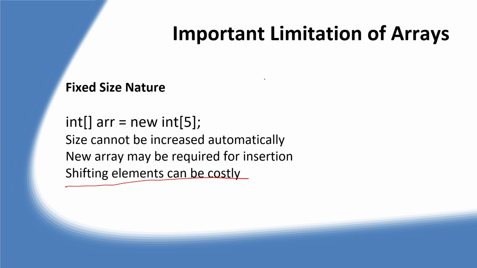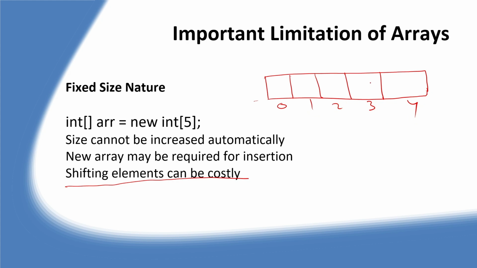So let's say we have an array of size 5, 1, 2, 3, 4, 5. And we have values 10, 20, 30, 40. Now I want to insert 50 at index 1.